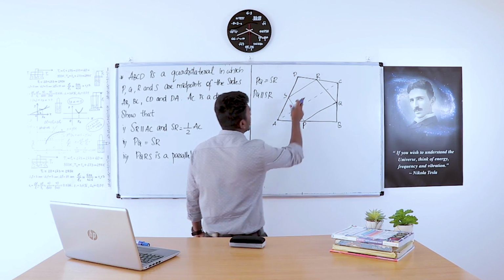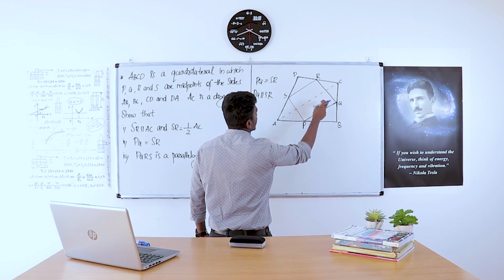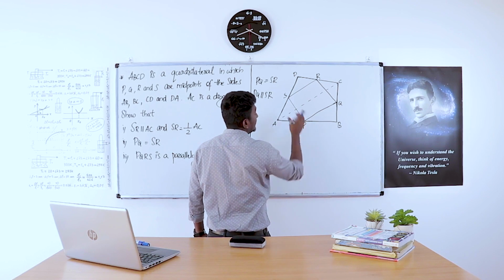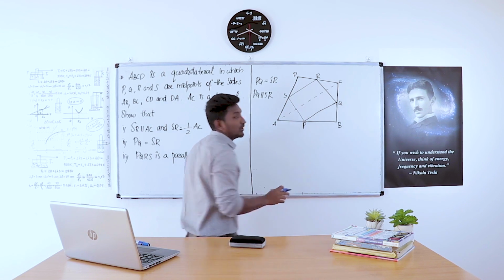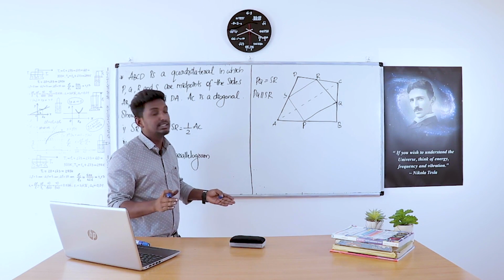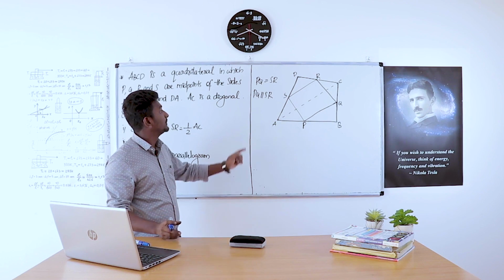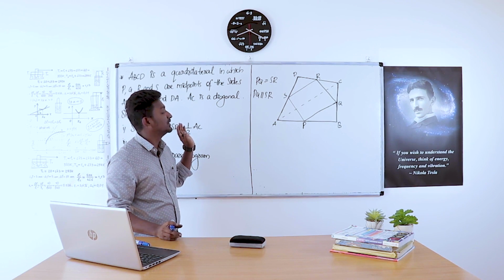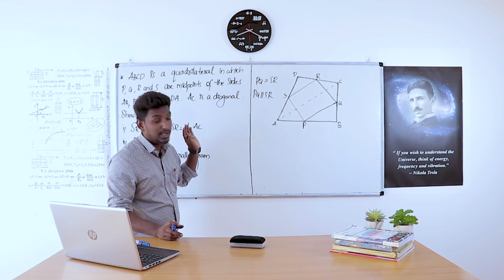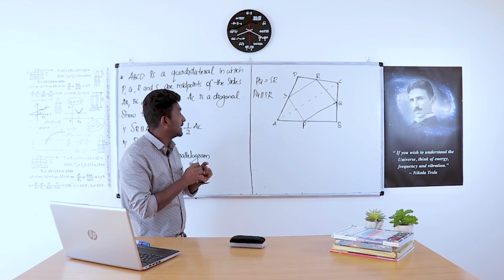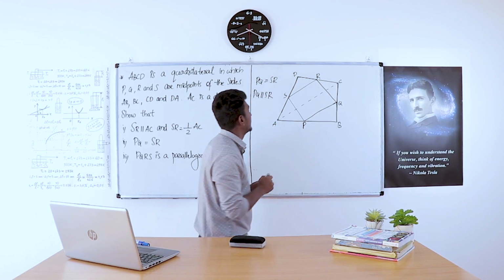Because SR is parallel to AC and PQ is parallel to AC. If two line segments are parallel to a common line segment, then both lines are parallel. So PQ is equal to SR and PQ is parallel to SR. That means one pair of opposite sides are equal and parallel.